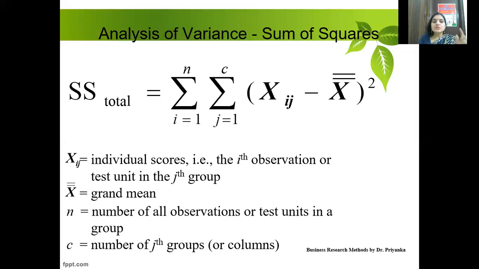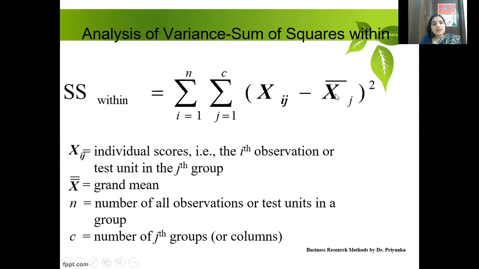So here it is. SS total can be calculated with the help of this formula where we are using xij, that means individual score, minus grand mean. And for SS within everything is the same, the only difference is xij minus x bar j is used here, and x bar j basically is the mean of the jth group.